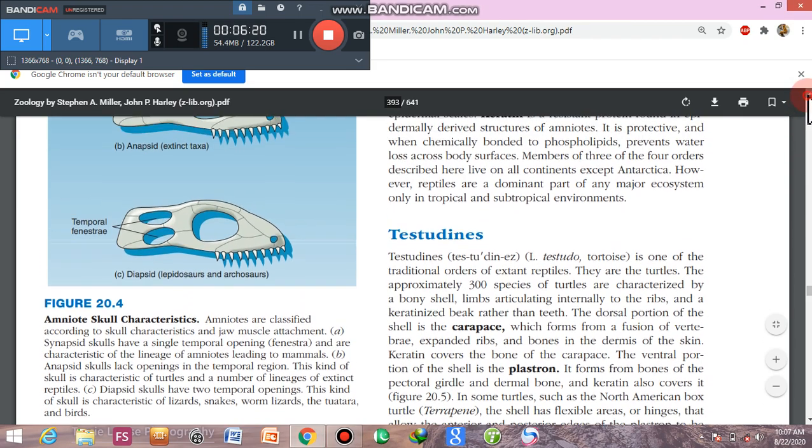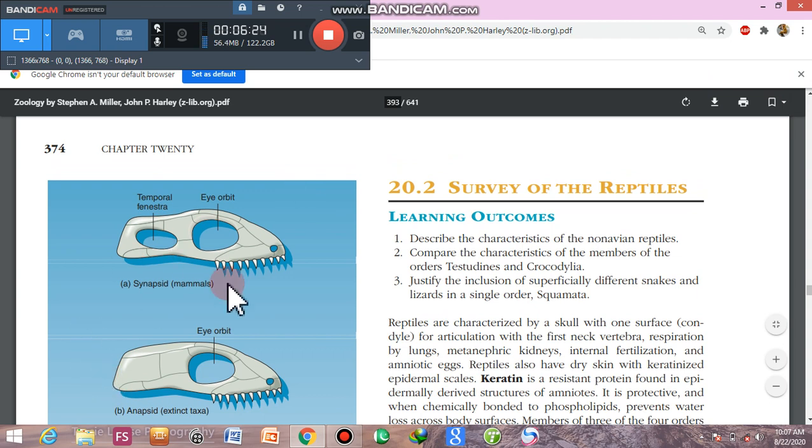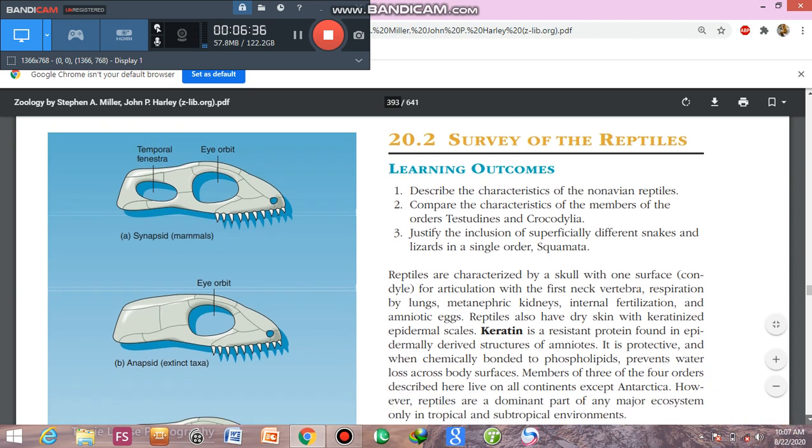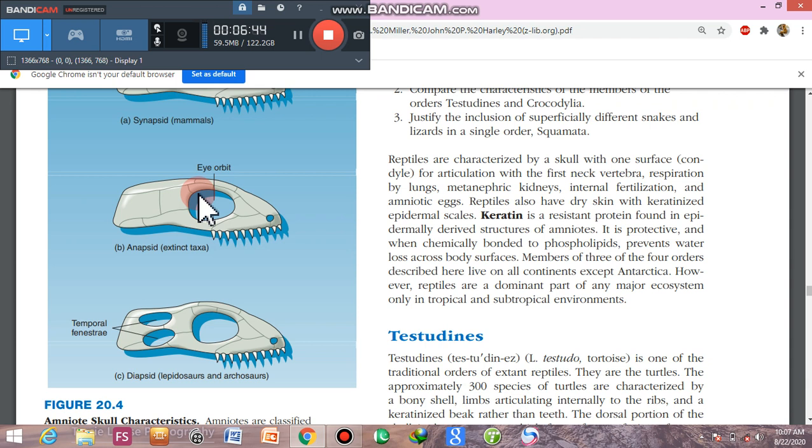Now we have to look at the amniote skull characteristics. See here, this is the eye orbit, and in the temporal region there is a single opening. This is the skull of the mammals, and this lineage is known as synapsid. Mostly these taxa are extinct.